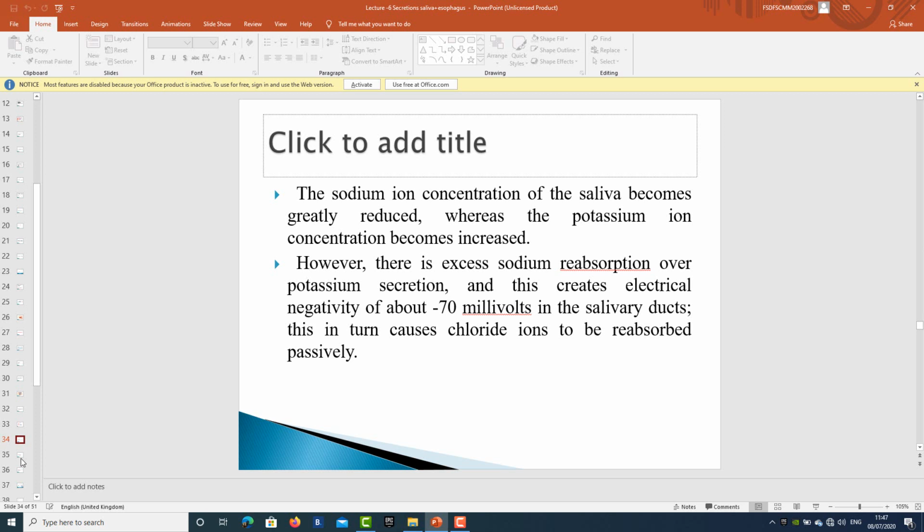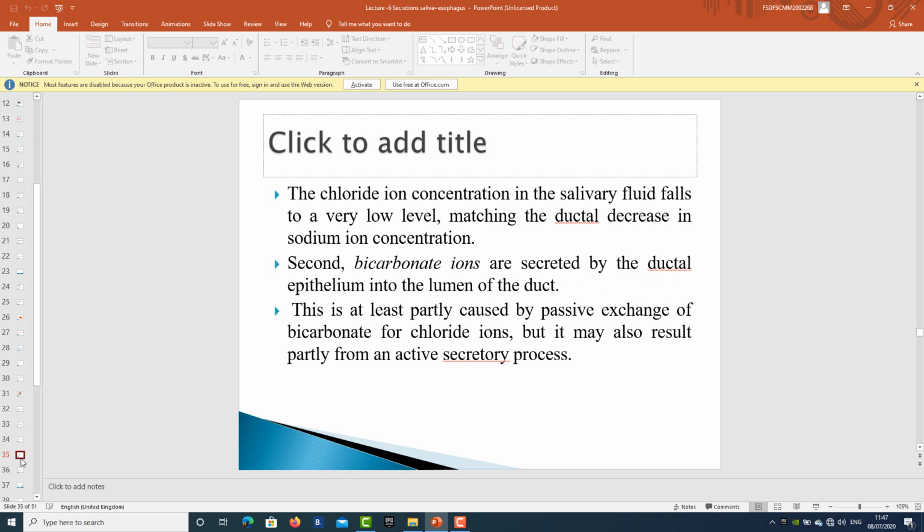This in turn causes chloride ions to be reabsorbed passively. The chloride ion concentration in the salivary fluid falls to a very low level, matching the ductal decrease in sodium ion concentration.